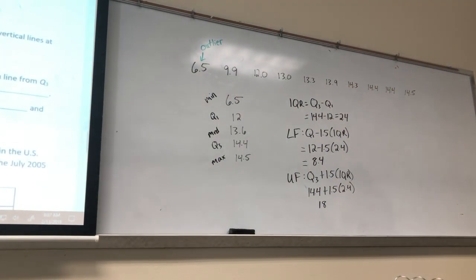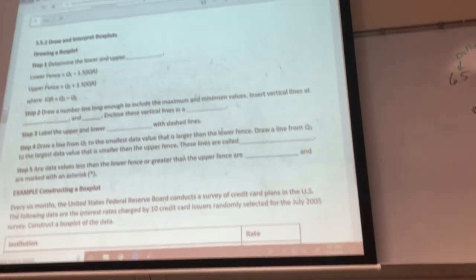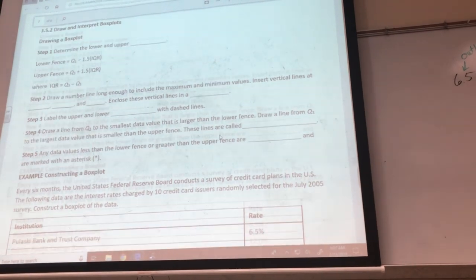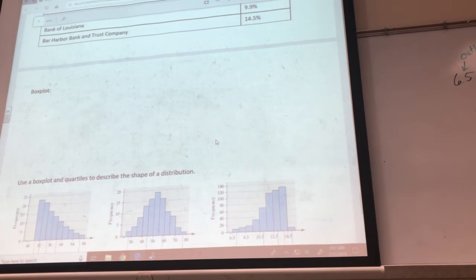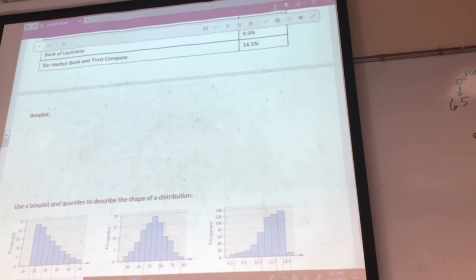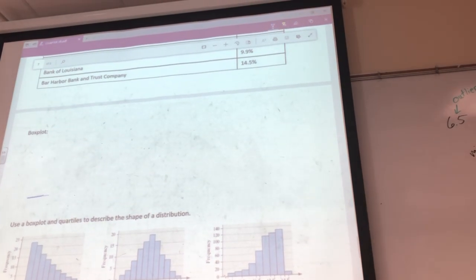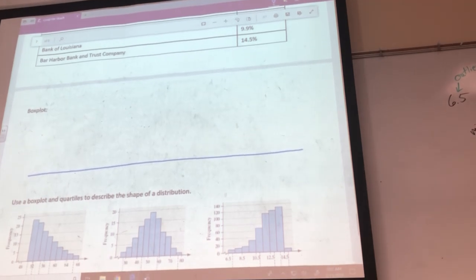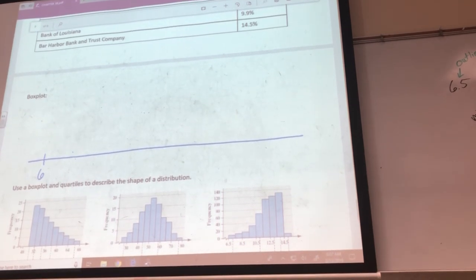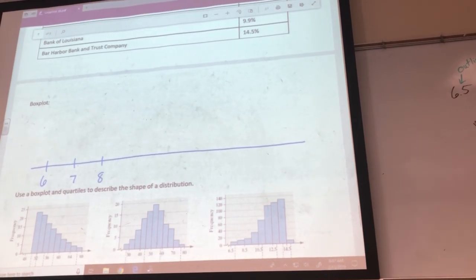So we'll start with a number line, make sure it covers 6.5 all the way up to 14.5. Number line. 6, 7, 8, 9.